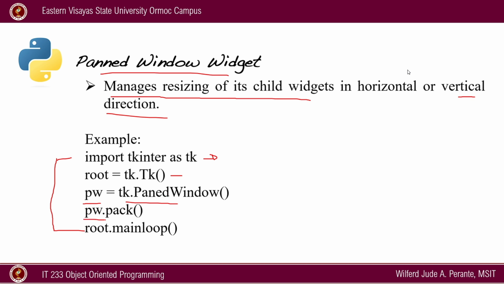For the w.pack, this piece of code adds our paned window widget to the window and makes it visible. And for the last statement, again we start our Tkinter main loop and keep it open until it is manually closed.